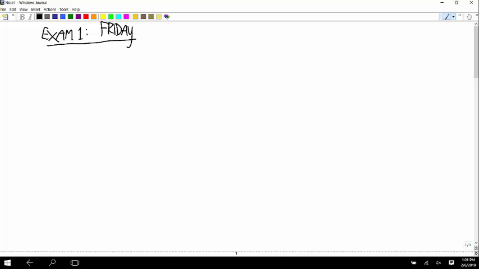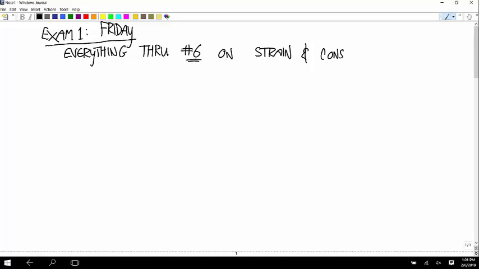And the topics are everything up through number 6 on strain and constitutive relationship. So that means that there aren't going to be any stress transformations.